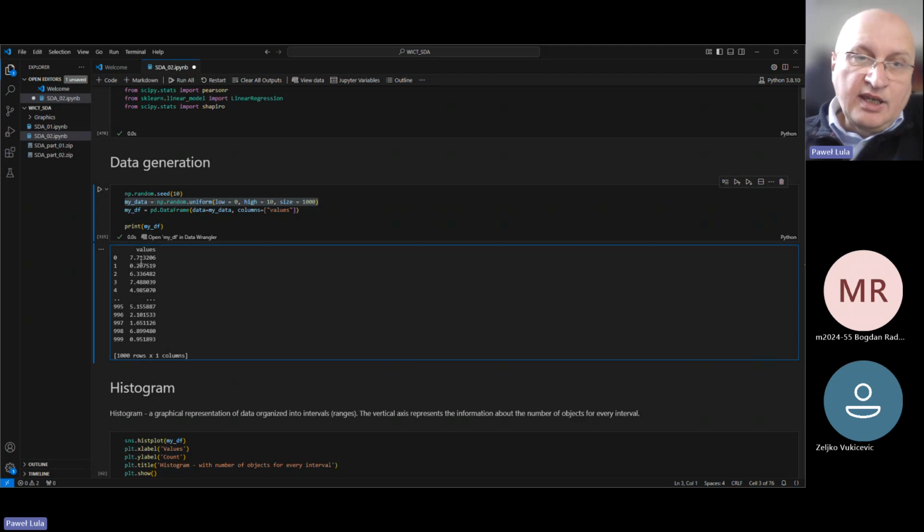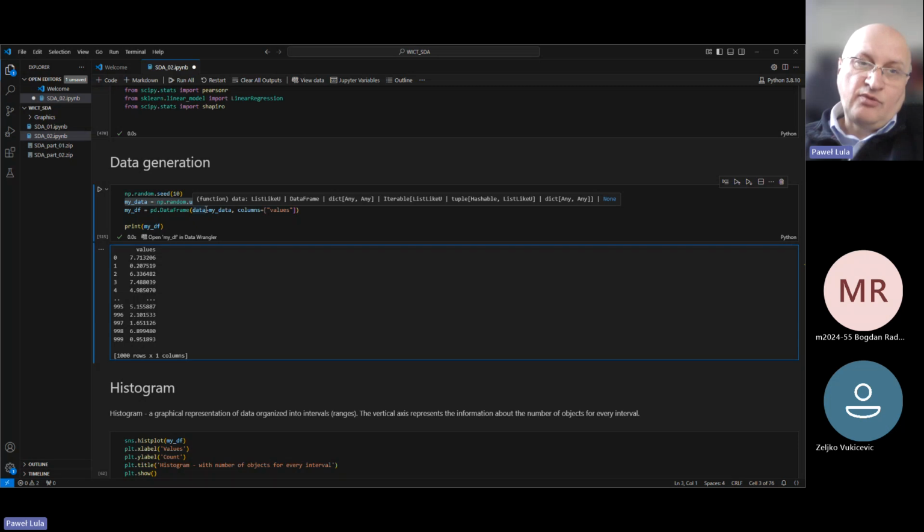In this example, these random values were generated, so it is an artificial data set, not real, but we will use in some examples these artificial data sets. But the same procedures we can use for real data. So we see how to generate. It is one of the simplest examples for generating random values.